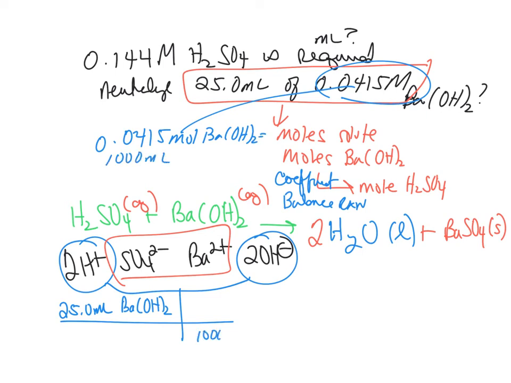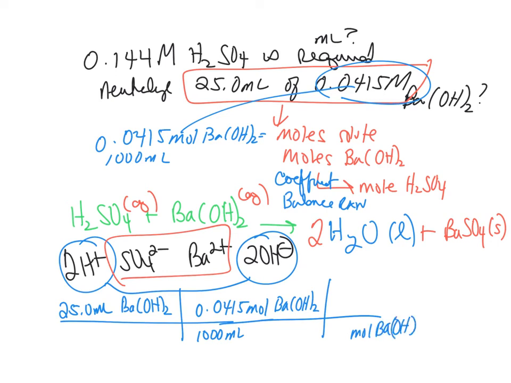So 1,000 milliliters, 0.0415 mole of barium hydroxide, and then we can go from mole of barium hydroxide, so we're here, to mole of sulfuric acid. And what are those coefficients? 1 and 1. Okay. Sometimes they work out that way.